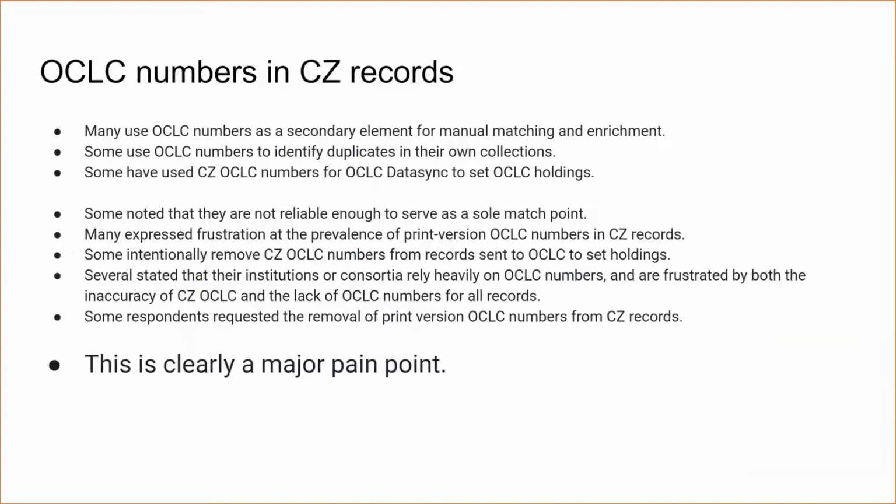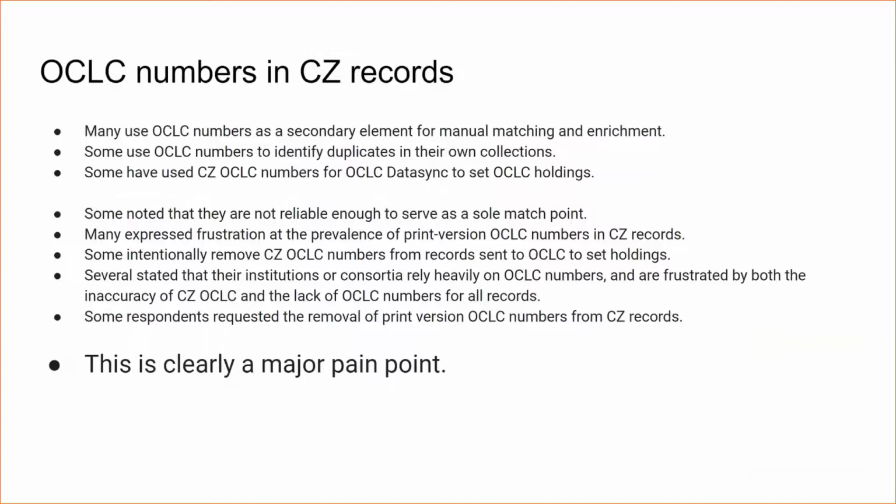So of the folks who gave us a reason for why they use these OCLC numbers, a lot of them use them as a secondary element for manual matching and enrichment. Some use them to identify duplicates in their own collections. Some have used community zone OCLC numbers for OCLC data sync to set OCLC holdings. My editorial comment there is that's a little terrifying to me, knowing the issues with OCLC numbers in community zone records.